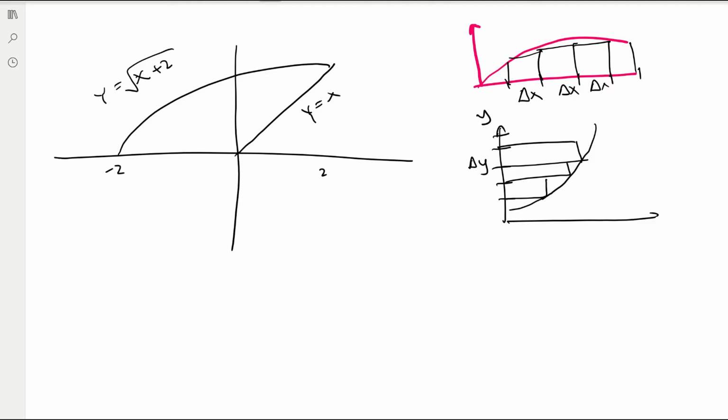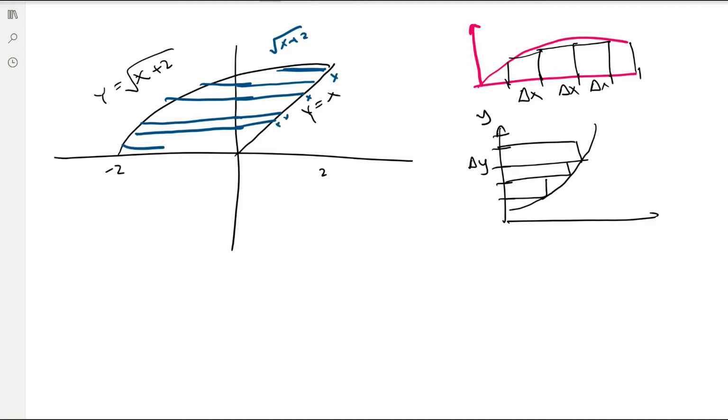Check this out. If I set up horizontal rectangles, I am always going between the same two graphs. On the left, I am touching square root x plus 2. On the right, I am always touching y is equal to x.